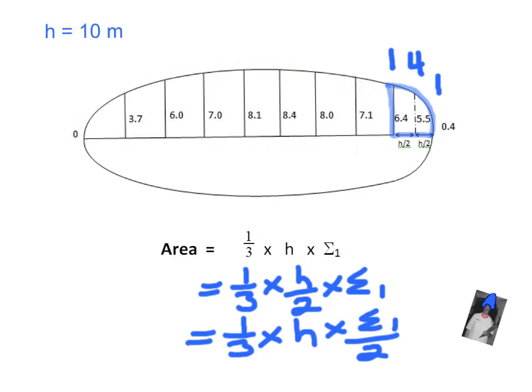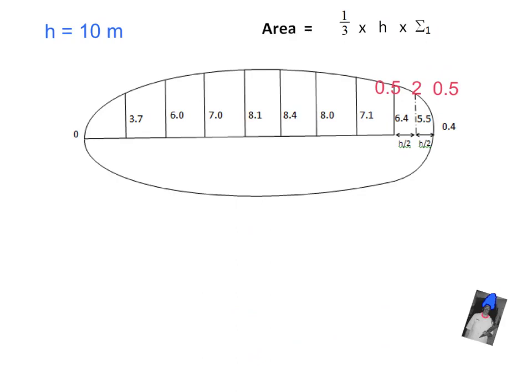And having that common h value will be helpful, as we'll see later on. So when we divide the area function by 2, that has the effect of changing our multipliers. Instead of 1, we'll have 0.5, 2, and 0.5 as our Simpson's first rule multipliers for the appendage.